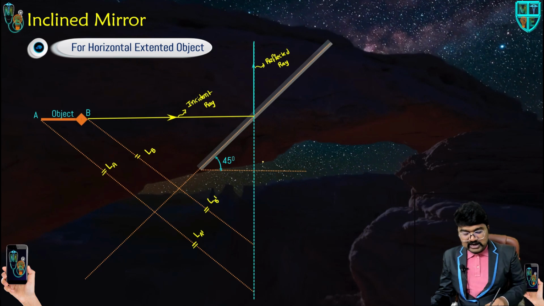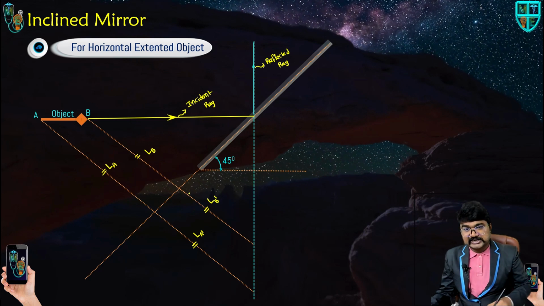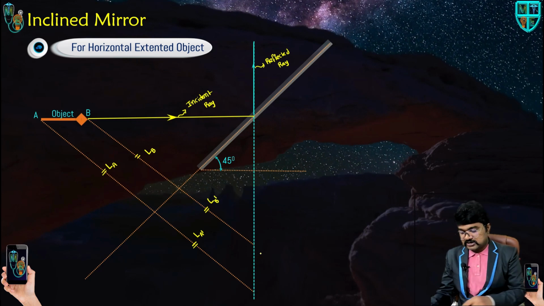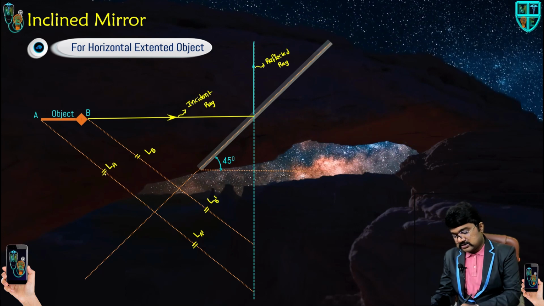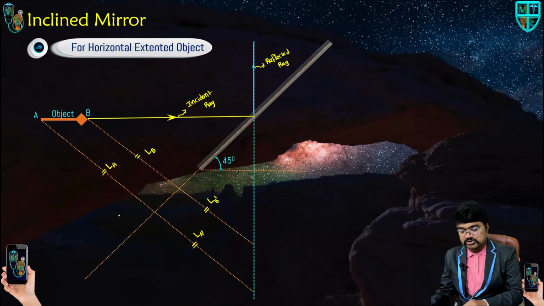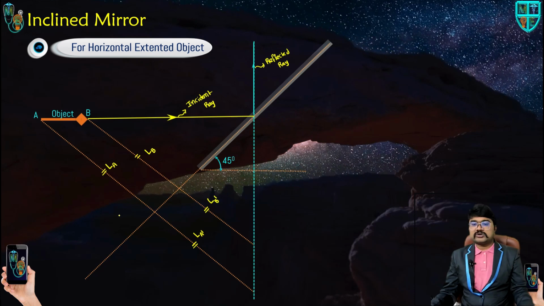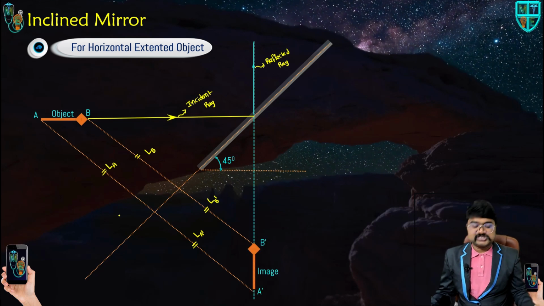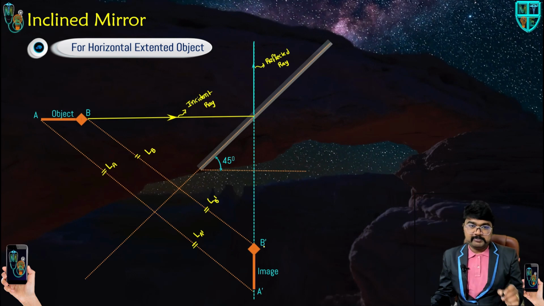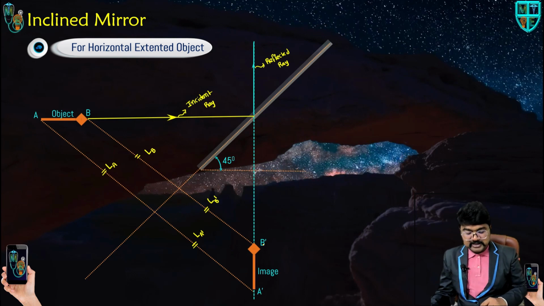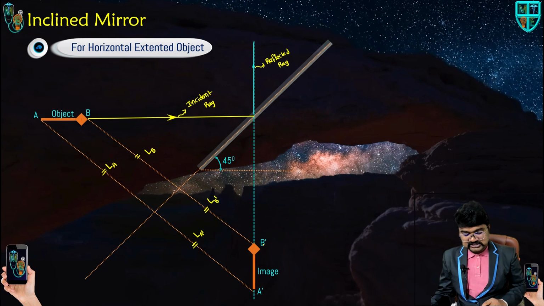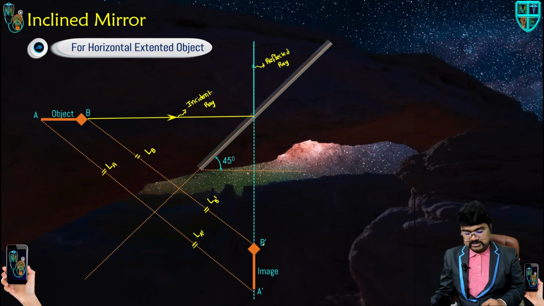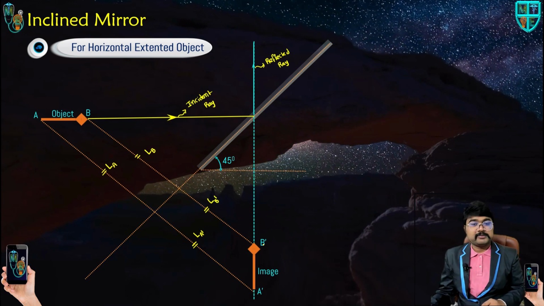Then you can draw a line and then you can project it. So in order to get this part, here and here, these two should be equal. Understood now? So in this manner, you will be getting image formation. So here A dash and B dash, and the image will be vertical. It is visible in the mirror like this.